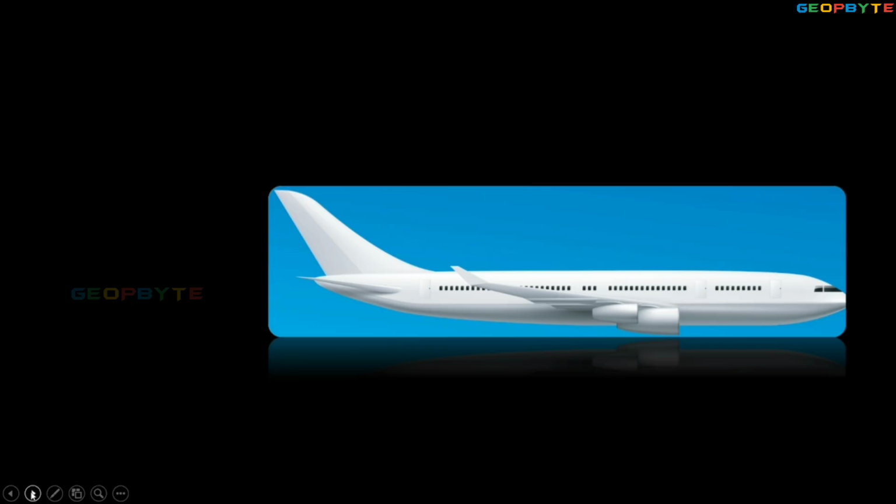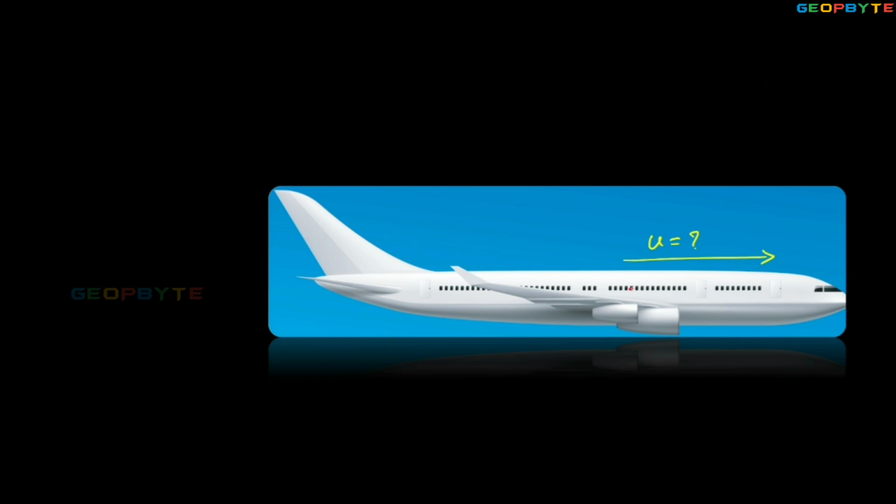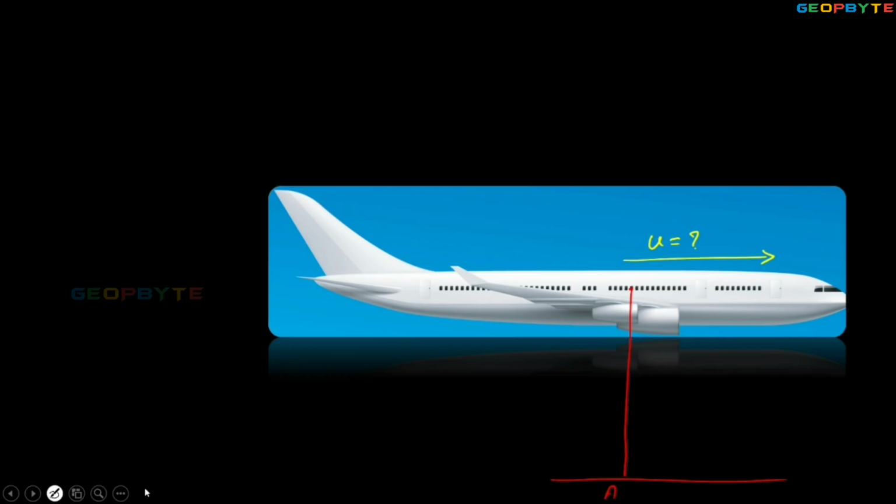For that, look at the aeroplane first. The aeroplane is moving in this particular direction. This is the direction of the aeroplane. He is moving with a velocity u. But the person sitting in the aeroplane, when he looks at the ground, finds a point A on the ground vertically downwards, and he has thrown a food packet.